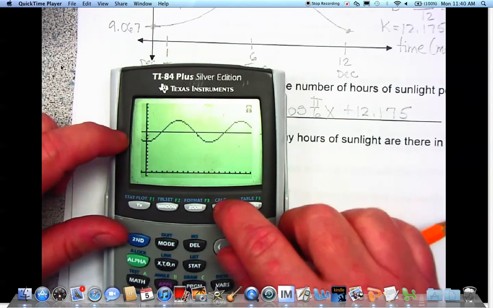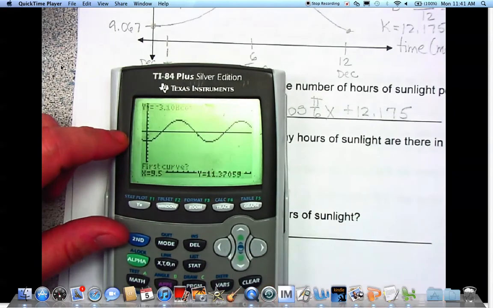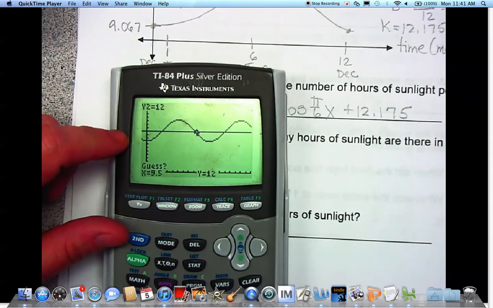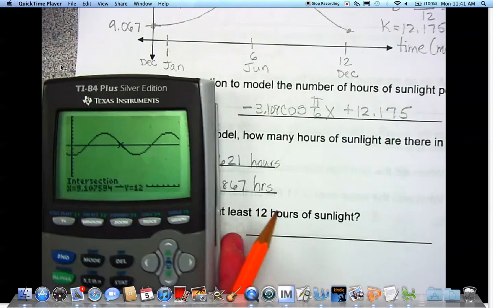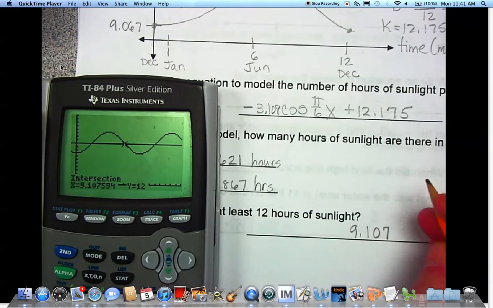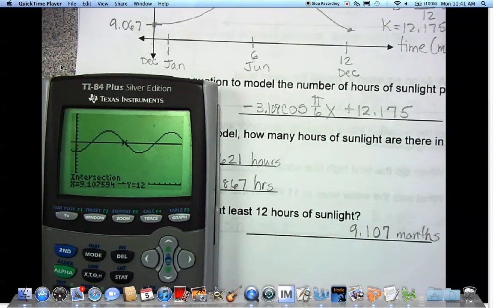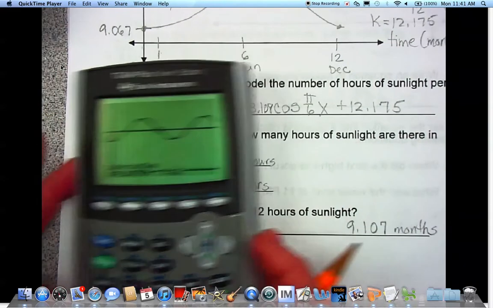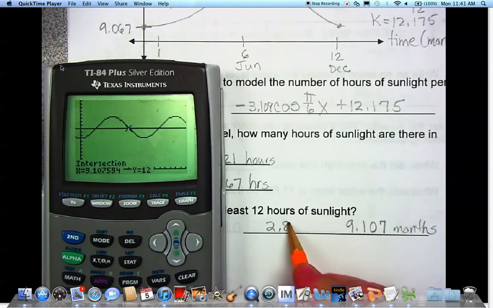So second calc, intersect. I'm going to do the second one first. It's 9.107, so that's September. The other one's 2.892.